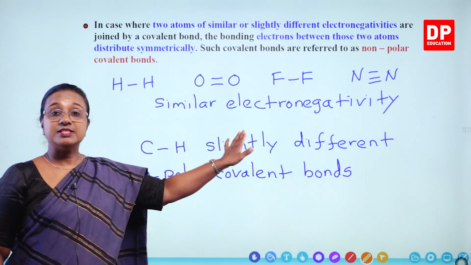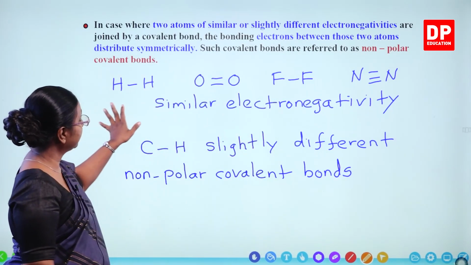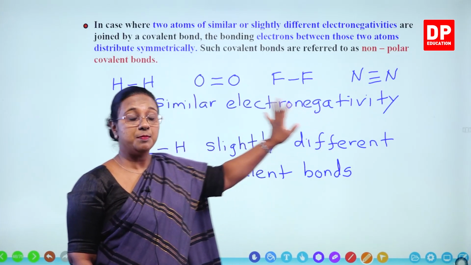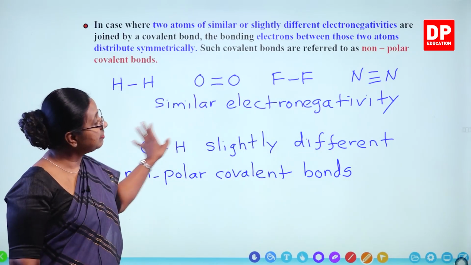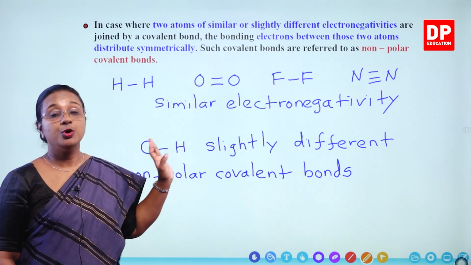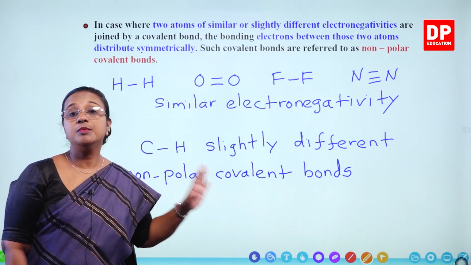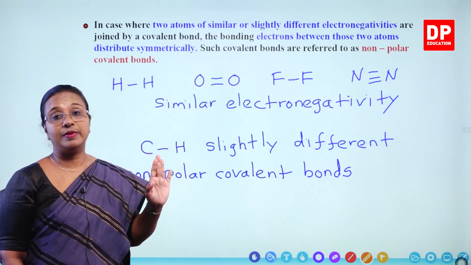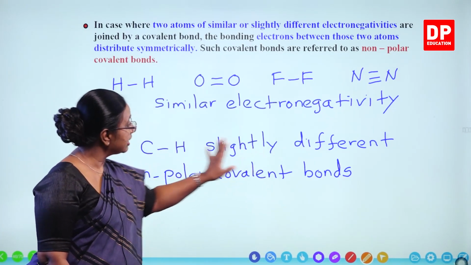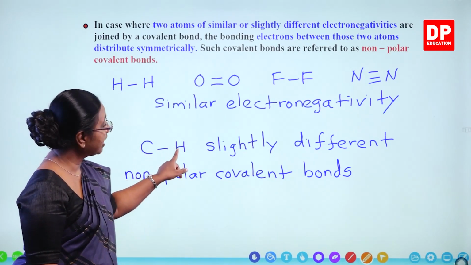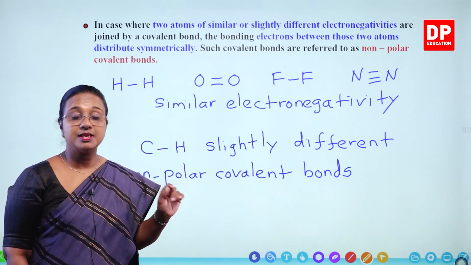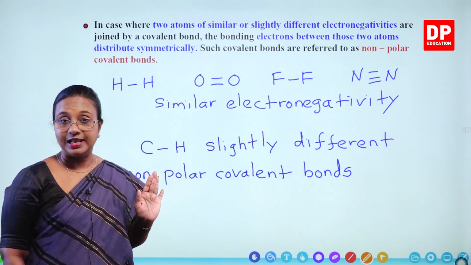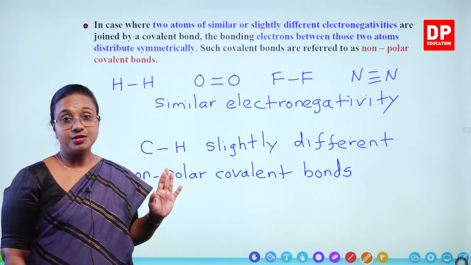When they belong to the same element, they don't polarize. Now hydrogen is less electronegative, and these three are highly electronegative, but still they have similar electronegativity values. Because of that, they don't polarize. They are not polar bonds. They are non-polar covalent bonds. Here, there is a slight difference, carbon and hydrogen, but still it is a non-polar covalent bond. Is that clear to you all, students?